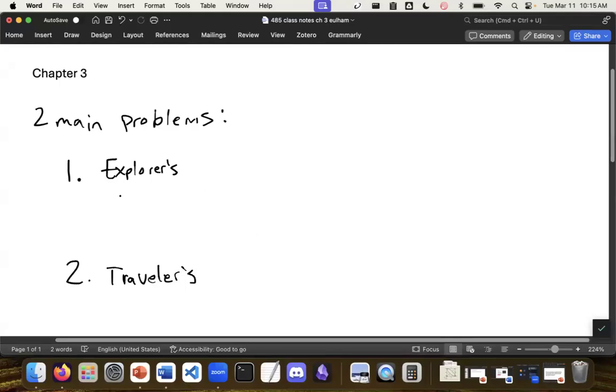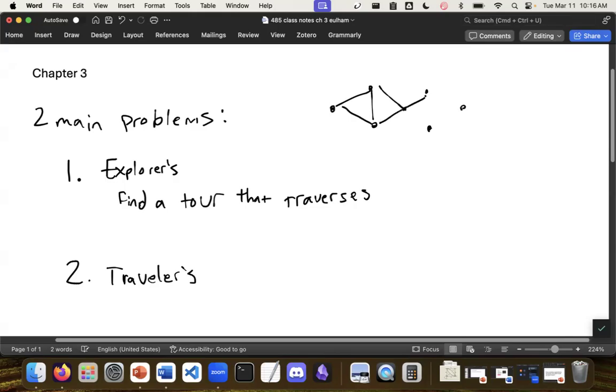The explorer is wanting to find a tour in a graph that traverses, so let's say we're going from one city to another. If this is our graph, drawn very poorly, let's say all of the vertices are cities and all of the edges are roads.